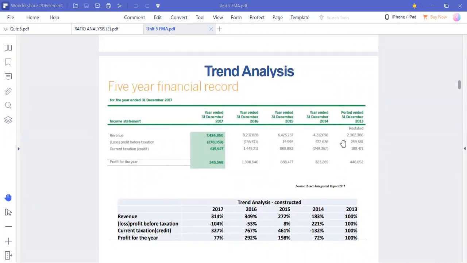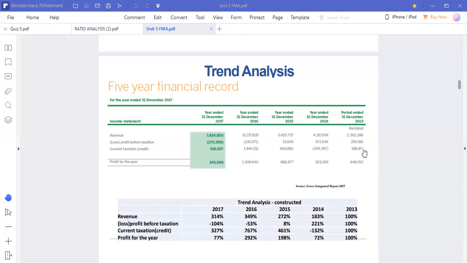So if we look at 2013, this is 2,300 divided by 2,300 times 100, we get 100%. Then we have 4,300 divided by 2,300 times 100, we have 183%. 6,400 over 2,300 times 100, and it goes on and on.